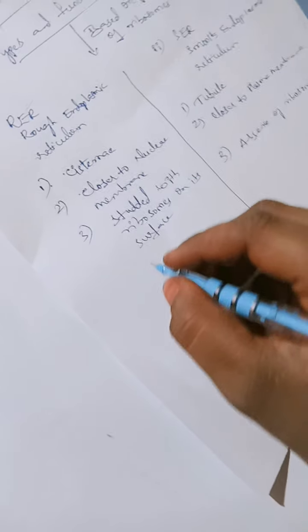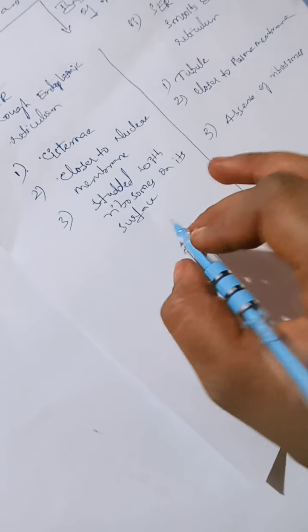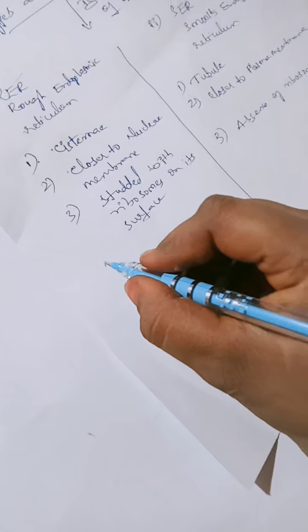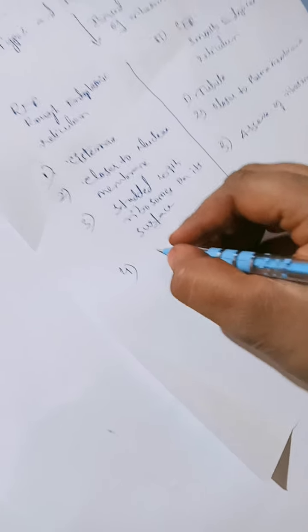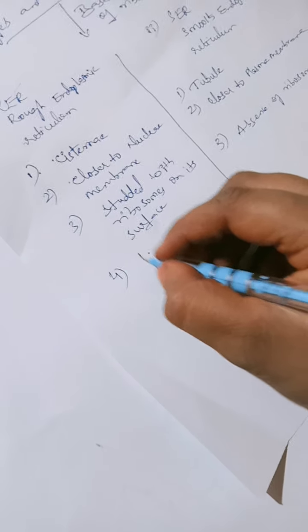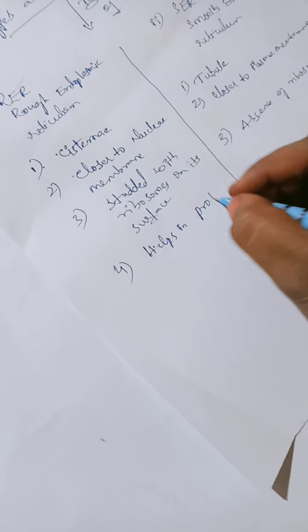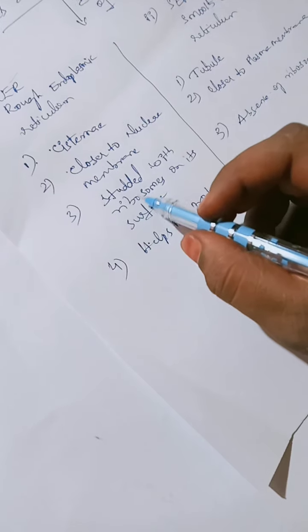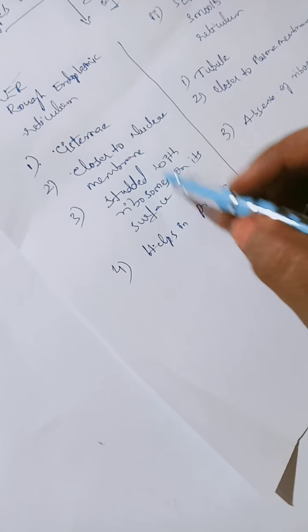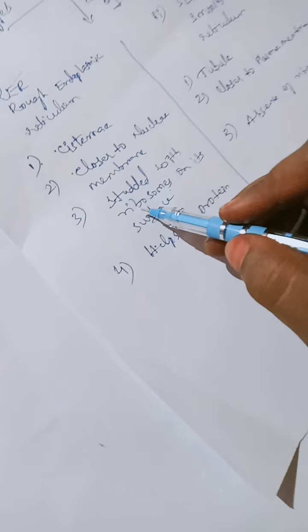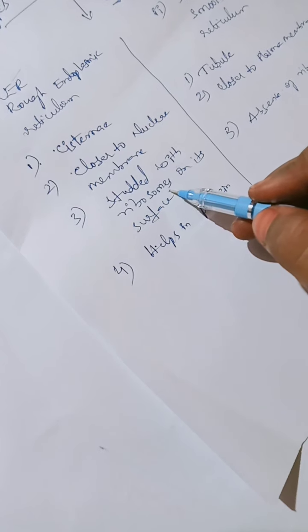So these are the basic differences between these two. Next, RER helps in protein synthesis. As we already discussed, the upper surface of the RER is studded with ribosomes, and the main function of ribosomes is synthesis of proteins.